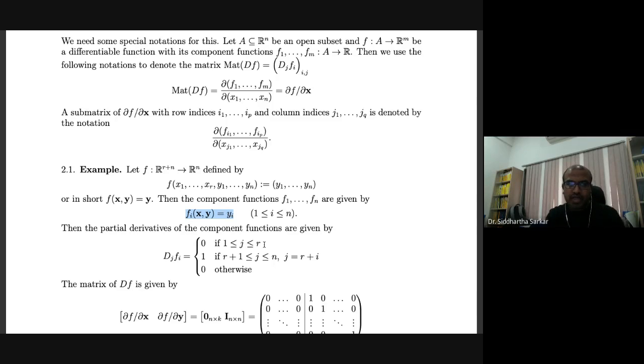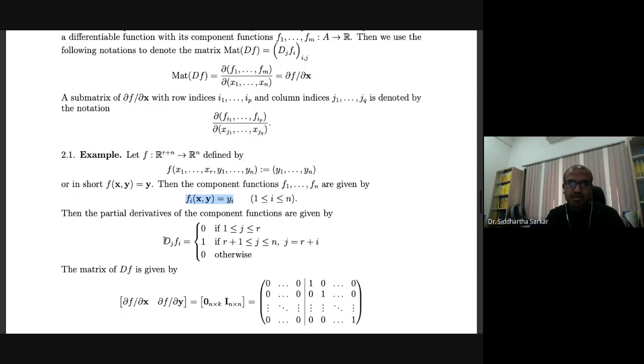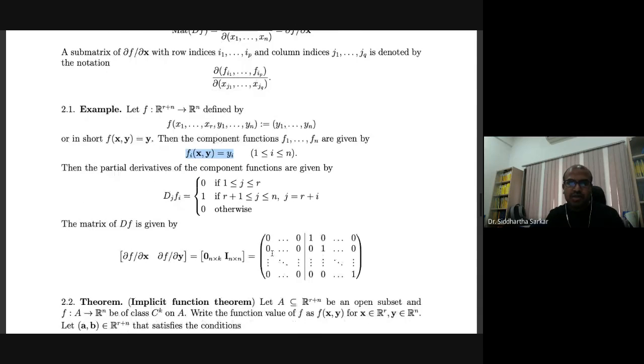Now I need to compute dj of fi. Remember, dj fi means it's the entry for the ith row and jth column. So dj means I'm looking at the jth column, and let's say j equals 1. So this is the first column. That means I'm differentiating with respect to the variable x1. If I'm differentiating with respect to x1, these component functions all vanish.